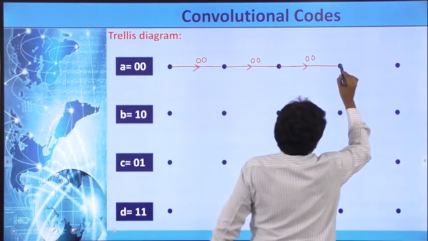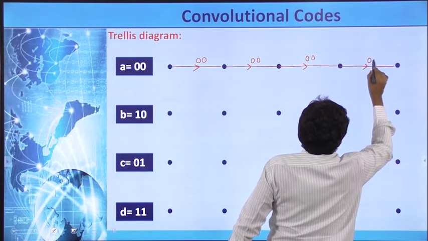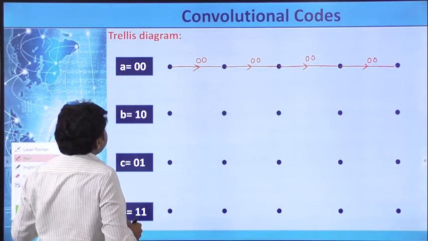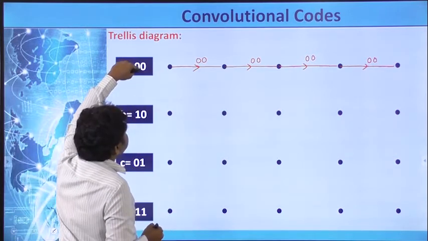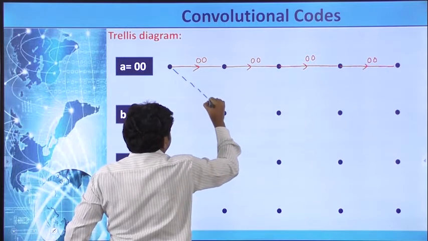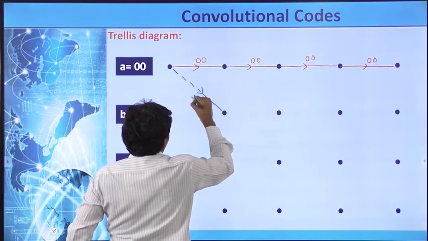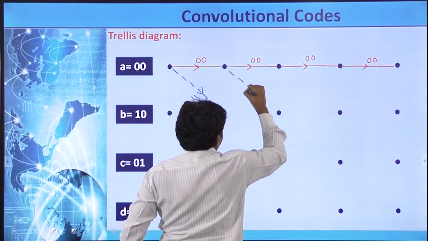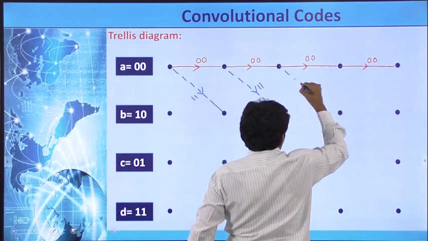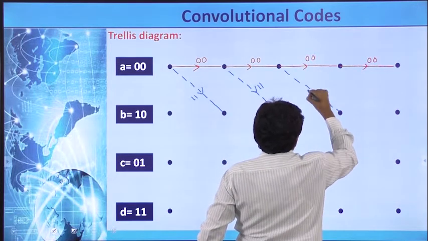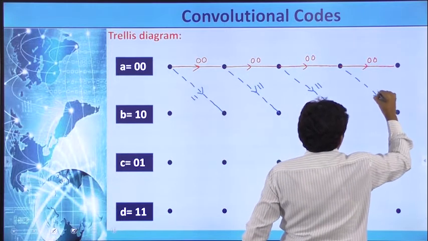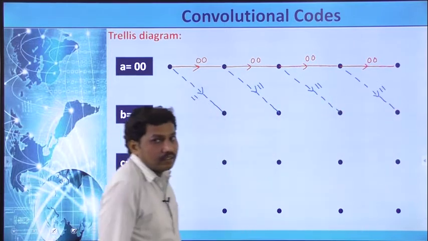When the input is 1, it moves from the 0 0 state to the 1 0 state. When the input is 1, it is represented with the dashed line, and the output bits are 1 1.